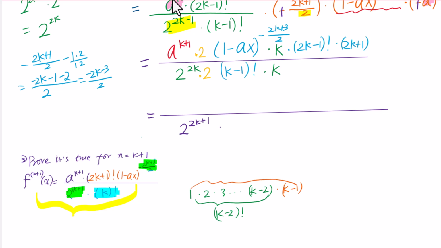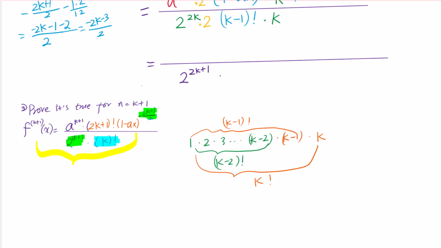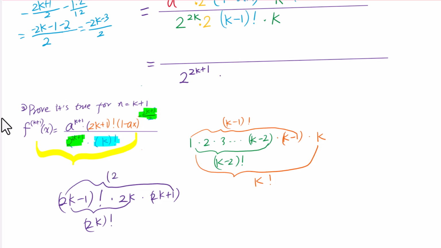So this is (k minus 1) factorial. Next term times k. Then we get k factorial. For (2k minus 1) factorial, the next term, add 1, will be 2k. So we get (2k) factorial. Next term 2k plus 1. Then we got (2k plus 1) factorial.